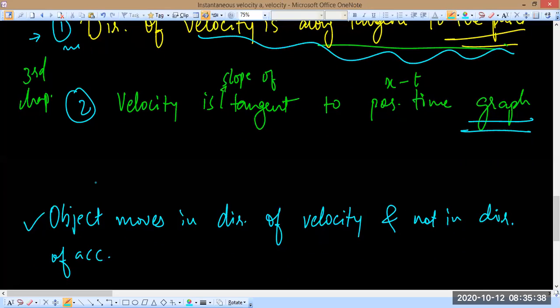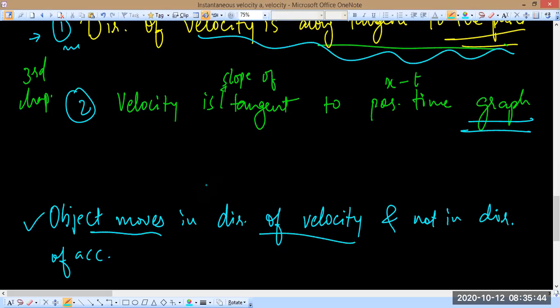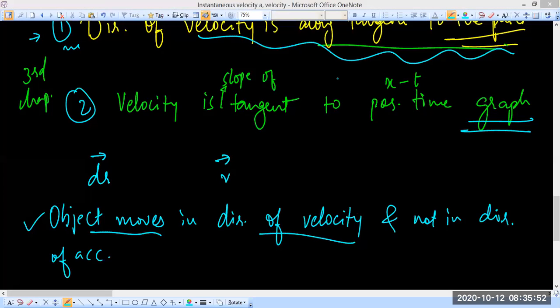So it means that the object is moving, and the direction of velocity both are actually same, because dr vector and v vector are same directions, right? So I hope all of you get that ultimately we are just representing this sentence in a different form, right? Okay.